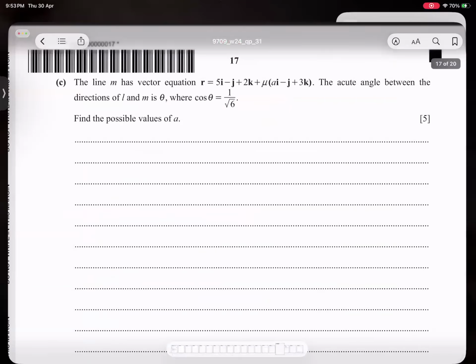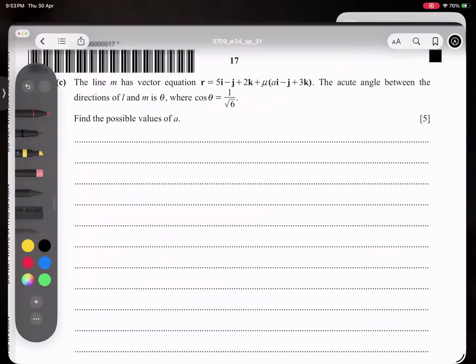So in part C he's saying here, the line L is what we have already, students, and line M is given here. The acute angle between the directions of L and M is theta. And we have been given this value even. Basically, two lines intersecting, line L and line M, and the angle between them is this, and cos theta is given. So students, whenever we find the angle between lines, we always take the direction.